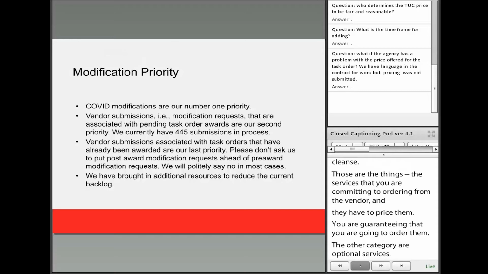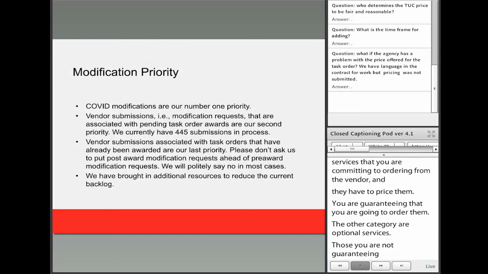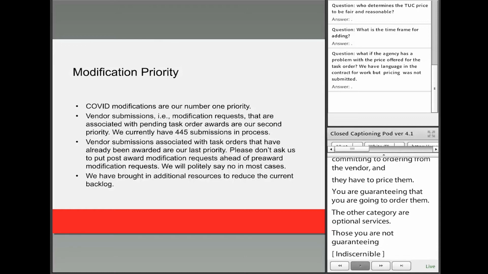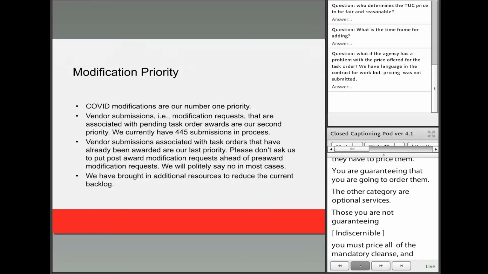Now, your solicitation needs to state one of two things. You must price all the mandatory CLINs, and you must price all the optional CLINs. Or you say you must price all the mandatory CLINs, but you are not required to price all the optional CLINs. That's your call. Is that your question?